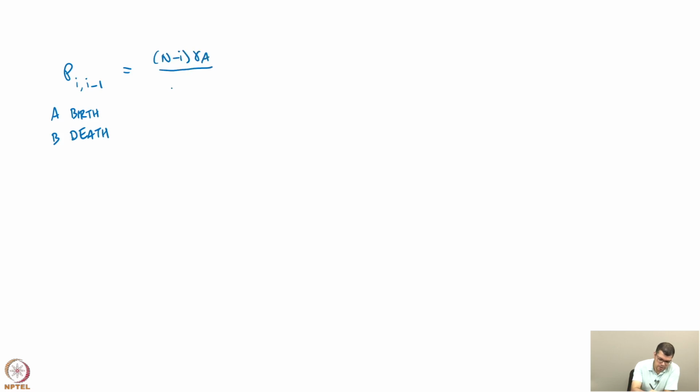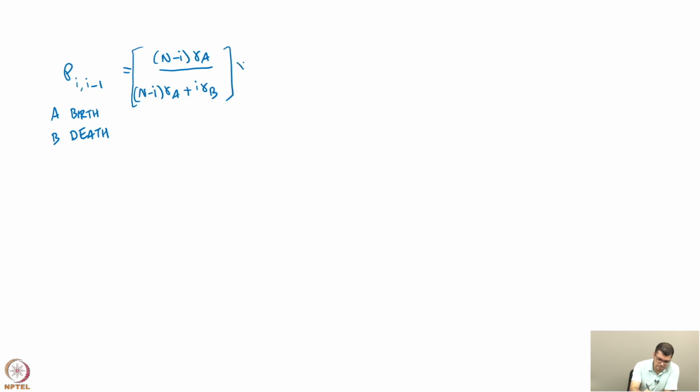So, remember pi to I plus 1, let us do pi to I minus 1, this was basically A was birth and B was death. This equates to, we saw, A birth meant n minus I times R A divided by n minus I times R A plus I times R B. That is the probability that A is going to be born.